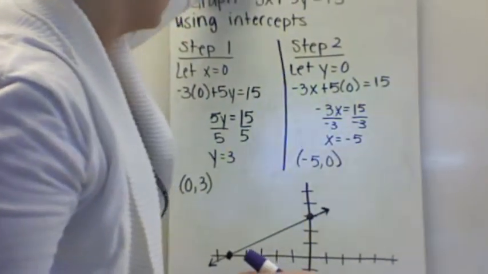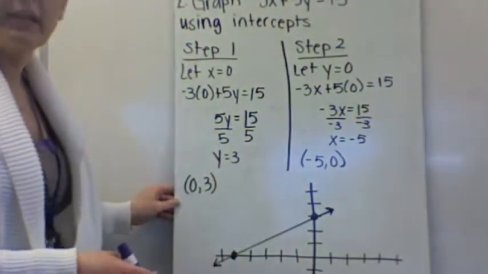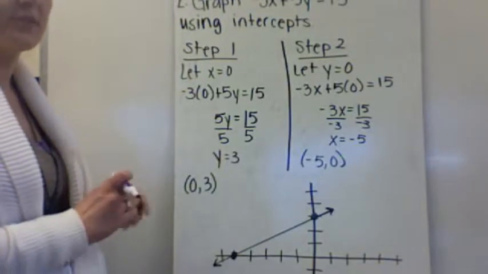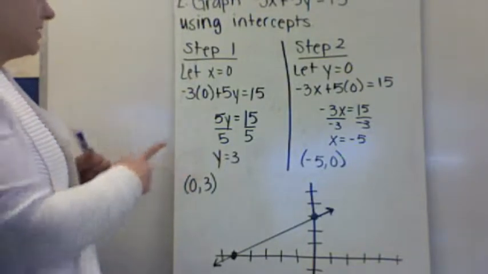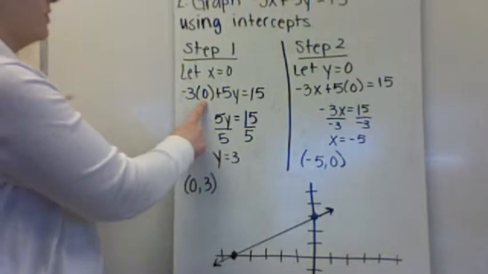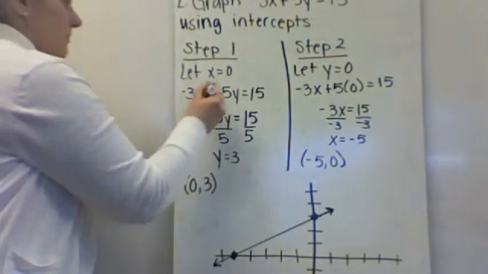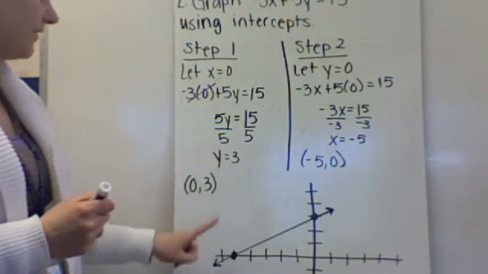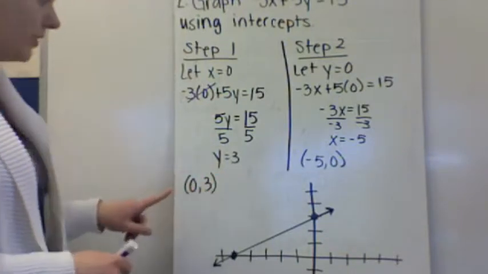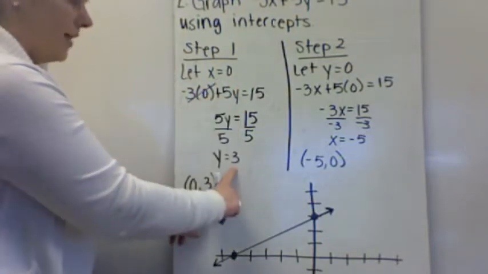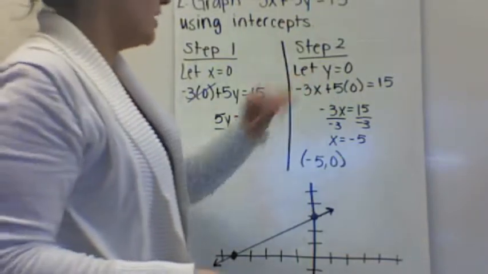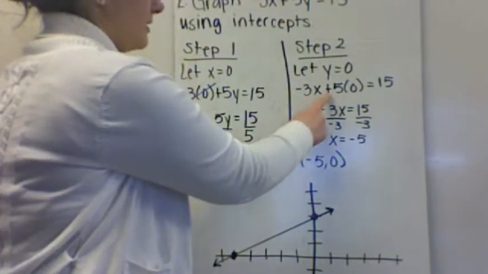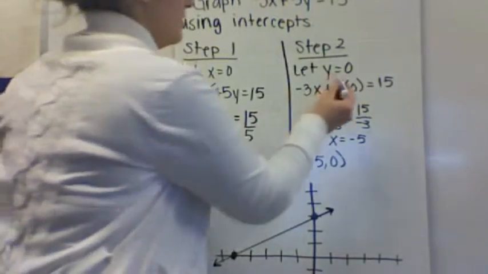So in our last example, we are going to graph negative 3x plus 5y equals 15. Again, same steps. Let x equal 0, so I substituted 0 for x. That part's gone. 5y equals 15, divide by 5, y equals 3. So I got my ordered pair, x was 0, y was 3. Let y equal 0, so negative 3x plus 5 times 0 equals 15.